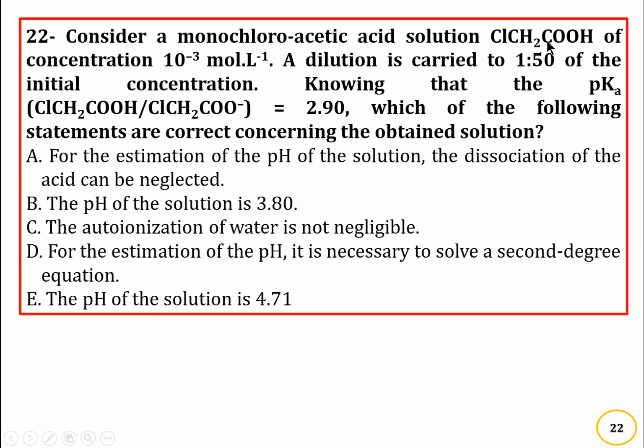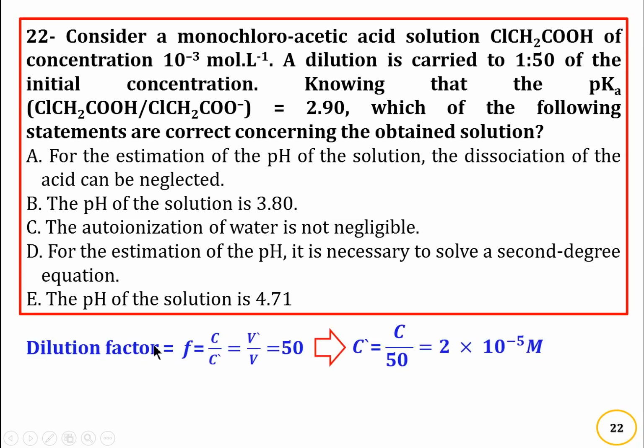If we look at this acid, this is a weak acid of Ka 10 to the minus 2.9. The dilution factor F is equal to C initial divided by C final, equal to V final divided by V initial, or in other words, C initial times V initial equals C final times V final.